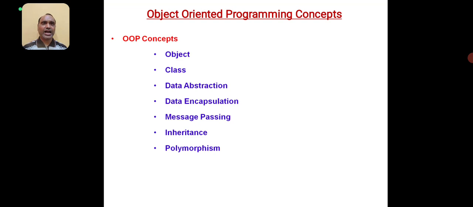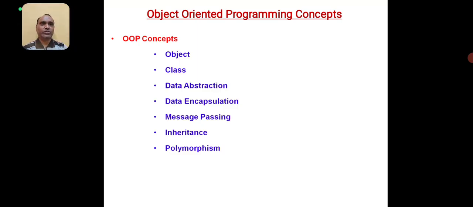So any programming language which supports objects, classes, data abstraction, data encapsulation, message passing, inheritance, and polymorphism, these concepts are called object-oriented programming language concepts. Any language which follows these principles is called an object-oriented programming language.